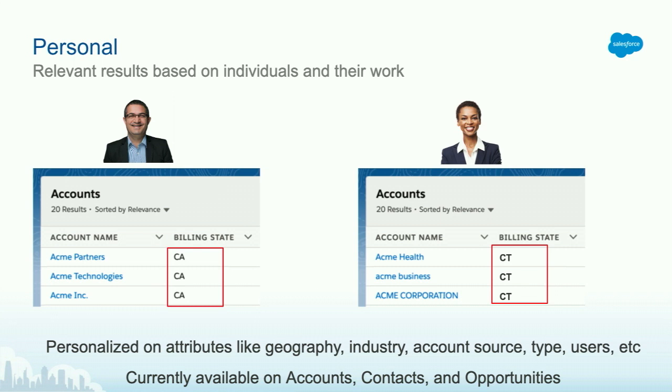Personal. By personal, we mean that we provide relevant results based on individuals and their work. Previously, if you searched for any query, all the users in the same org would get the same results. But with Einstein Search, we personalize the search results at the user level by learning the hidden preferences of the user based on geography, industry, account type.